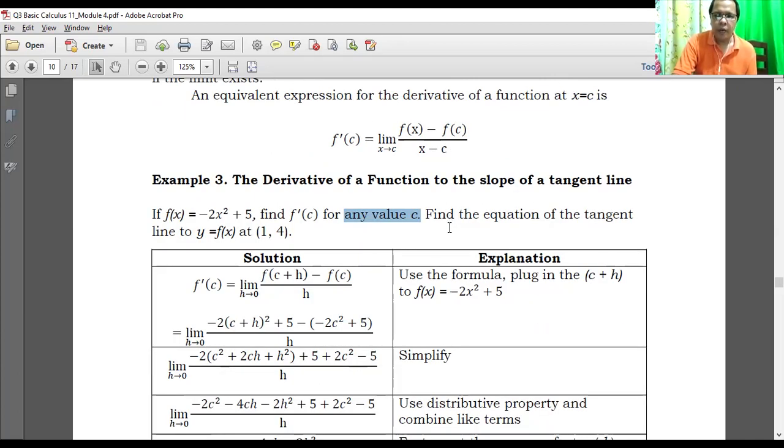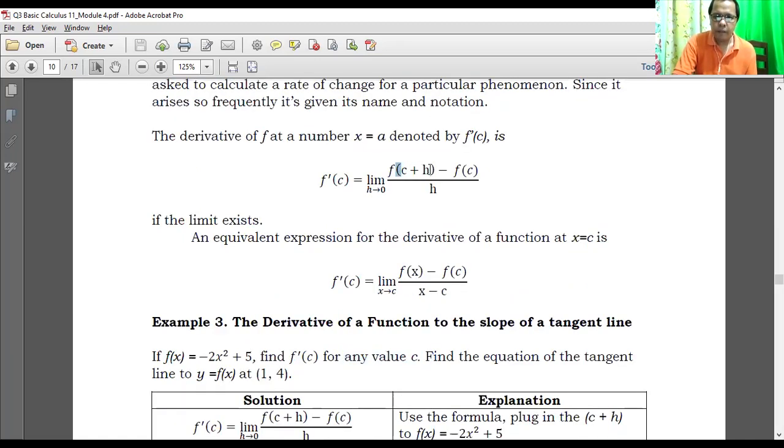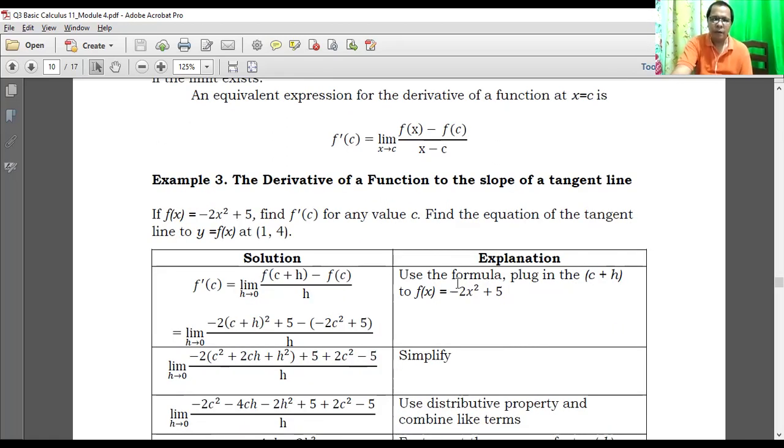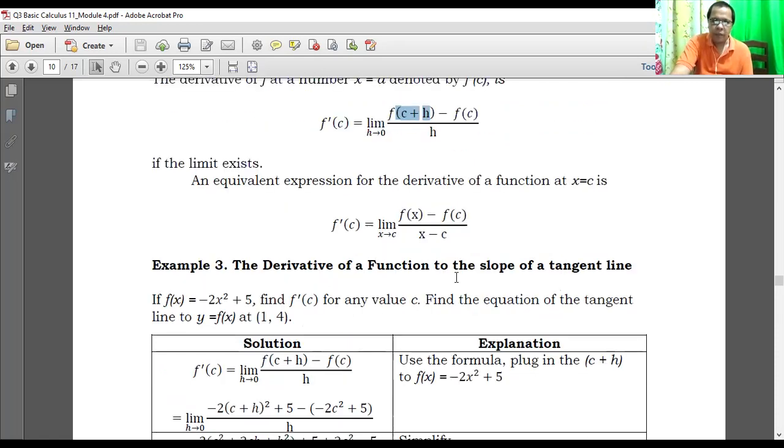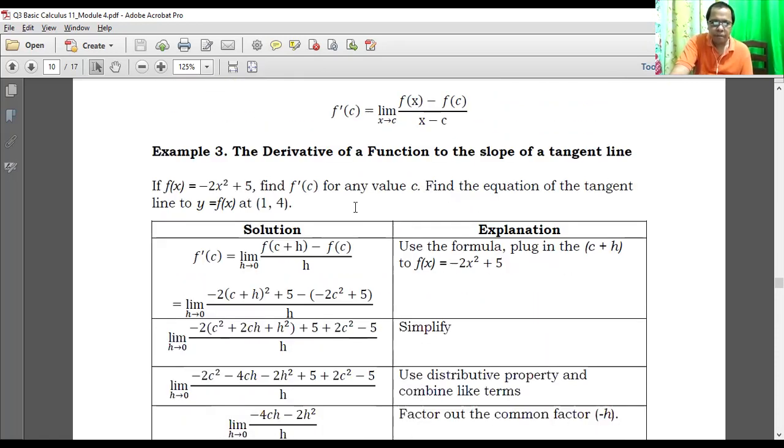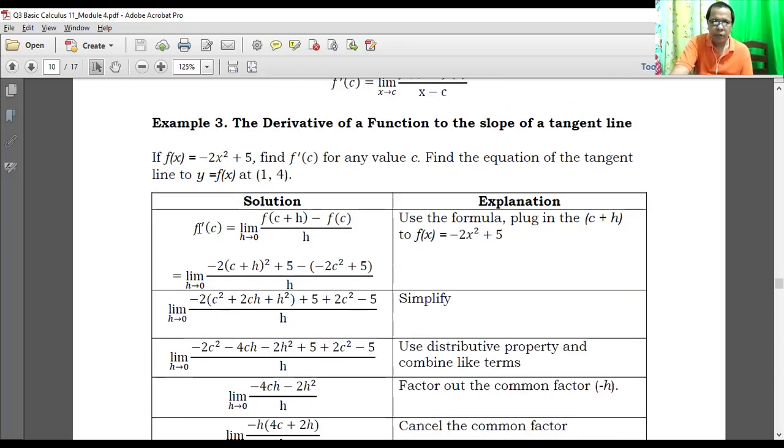So it is called the change at a certain c. If there is a problem, your function of x becomes function of c plus h. So it means the value of your c changes, in your x. So therefore, you will use this formula.